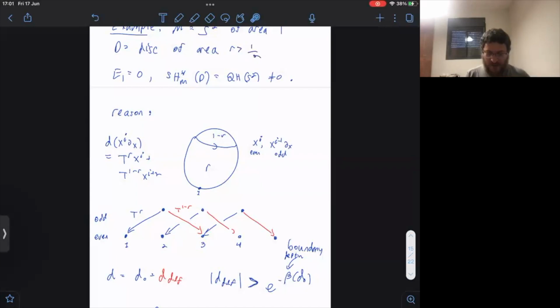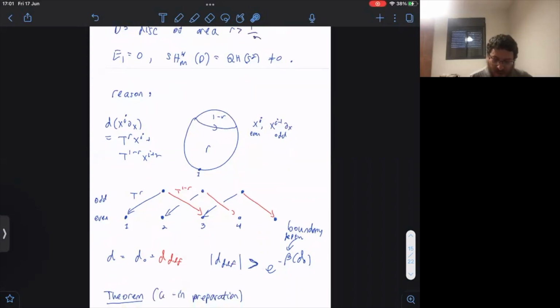Now if you compute the differential, the red part represents the deformation. Before the deformation, where you only look at Floer trajectories which go inside, these are the Floer trajectories that you have, and they are weighted by the area of the disk. But now that you're looking in some kind of ambient space, you also have to take into account additional contributions which come from the area of the complementary disk.